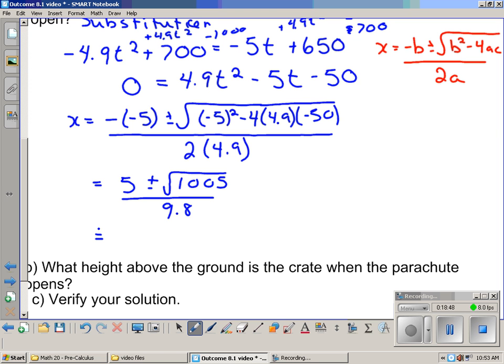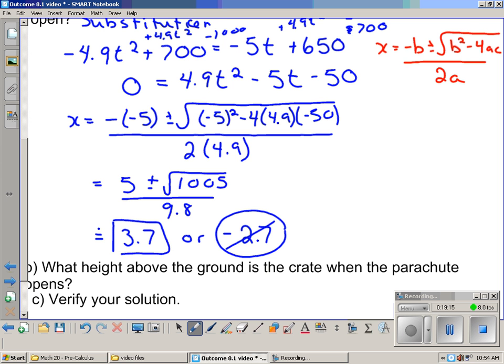So if I do 5 plus root 1005 and 5 minus that, I end up with solutions of 3.7 or negative 2.7. We can't have a negative time, and so this solution we will discard. And so the answer to the question, how long after the crate leaves the aircraft does the parachute open, is approximately 3.7 seconds.